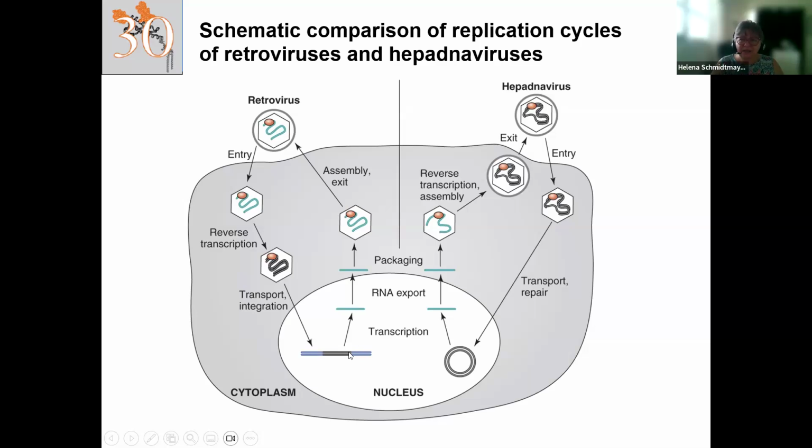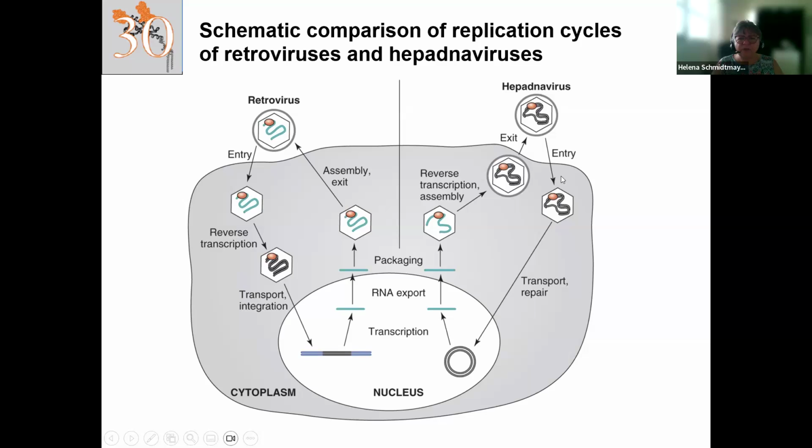Retroviruses must integrate and form provirus in order for transcription to take place. So transcription of viral mRNA only happens from integrated provirus, and those mRNA are transported into the cytoplasm. Proteins are synthesized, virus is assembled on the membrane and released.